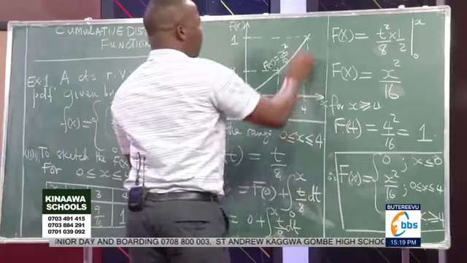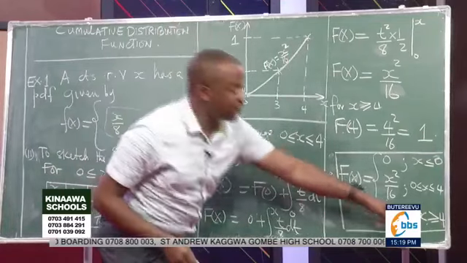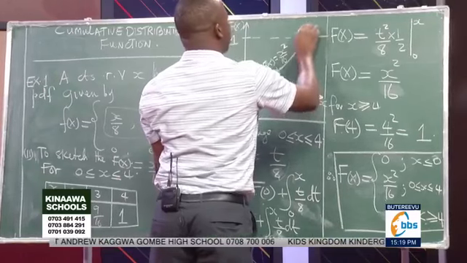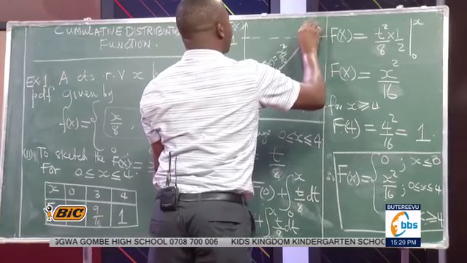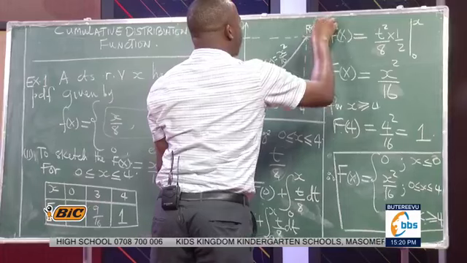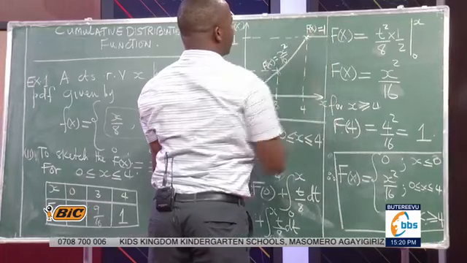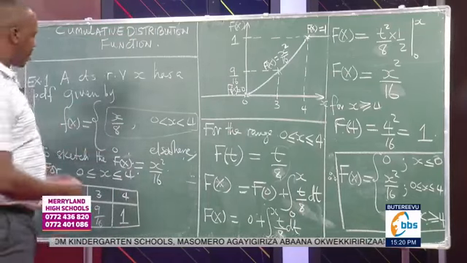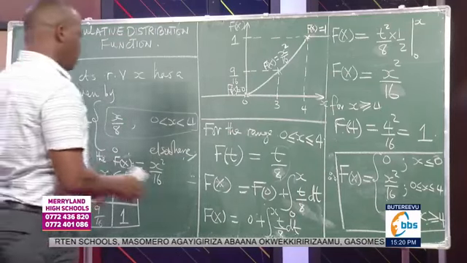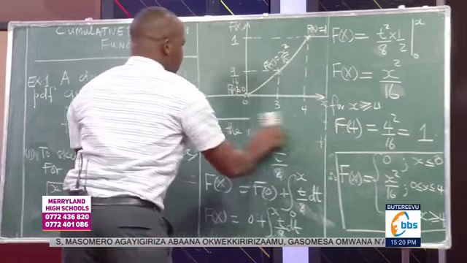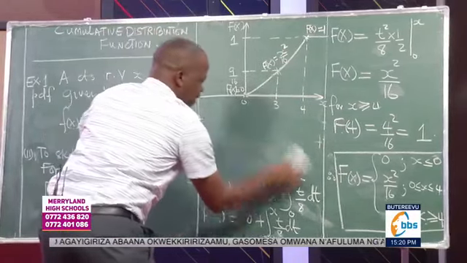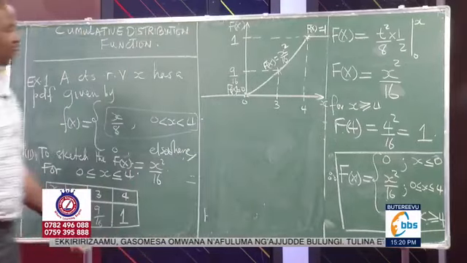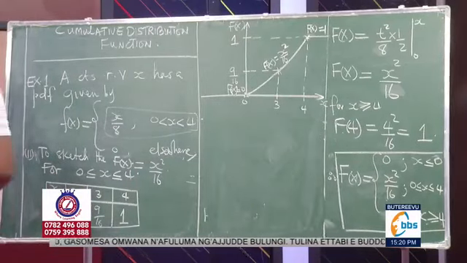And beyond 4, that's why we said for x greater or equal to 4, it means from here onwards, my f of x is equal to 1. If you have successfully done that, then we can say that you will have sketched your cumulative distribution function.